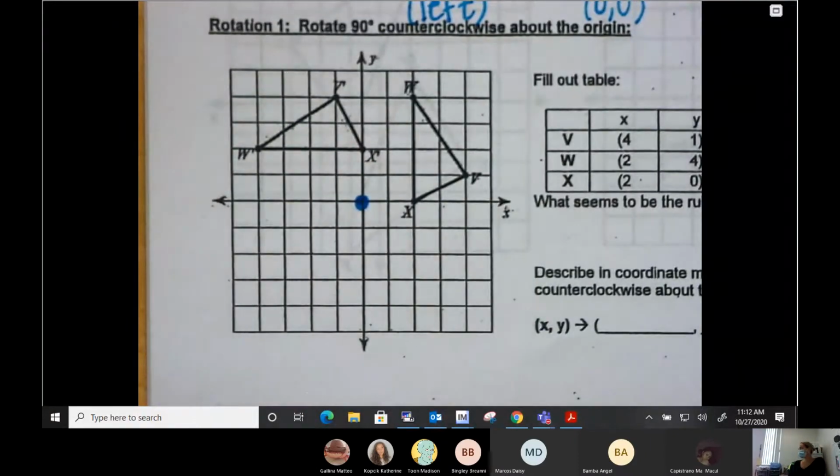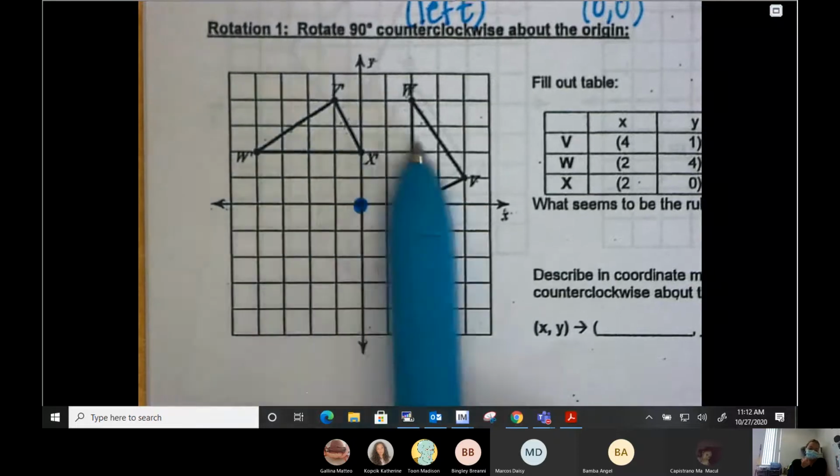That works too. There's no certain amount of ways that you could rotate. You could rotate it 100 degrees. You could rotate it 200 degrees. You could rotate it 3 degrees. Just how much you decide to turn it. Oh, the points. What's the difference between these two?